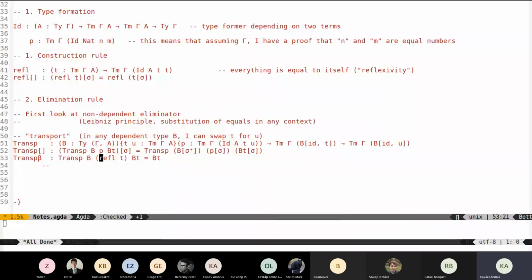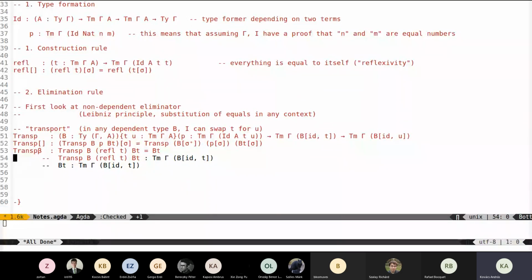So if we are having a refl T here, then, because refl T has type Id of T and T, on the left-hand side, we have a Tm Γ B[T]. And likewise, on the right-hand side, we have exactly the same. So this computation rule is well typed.